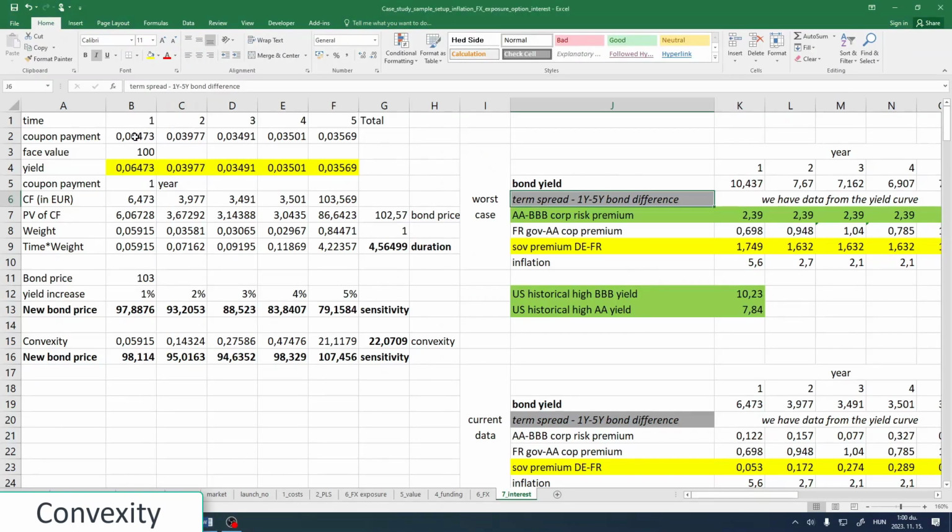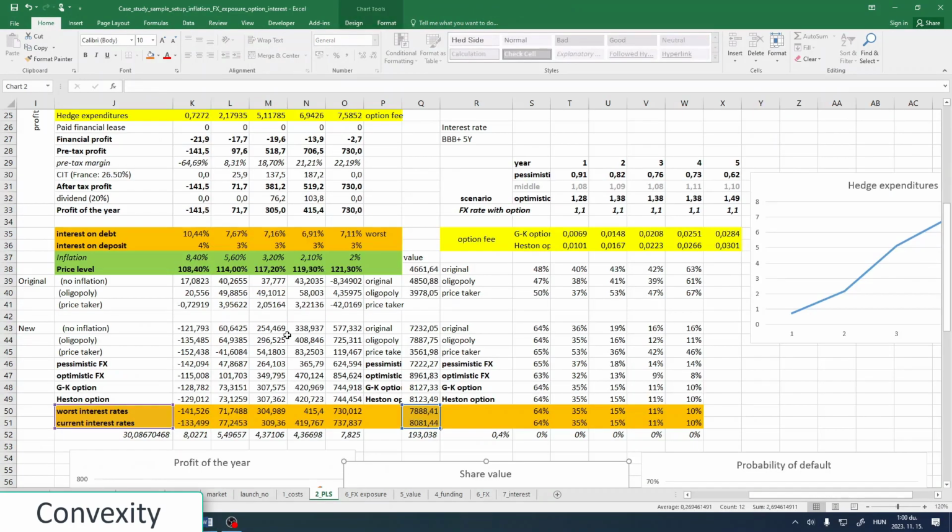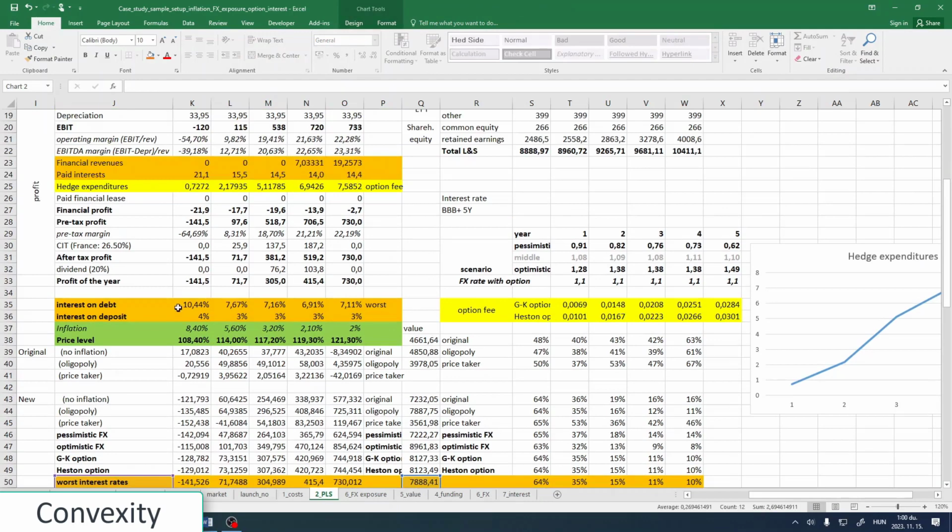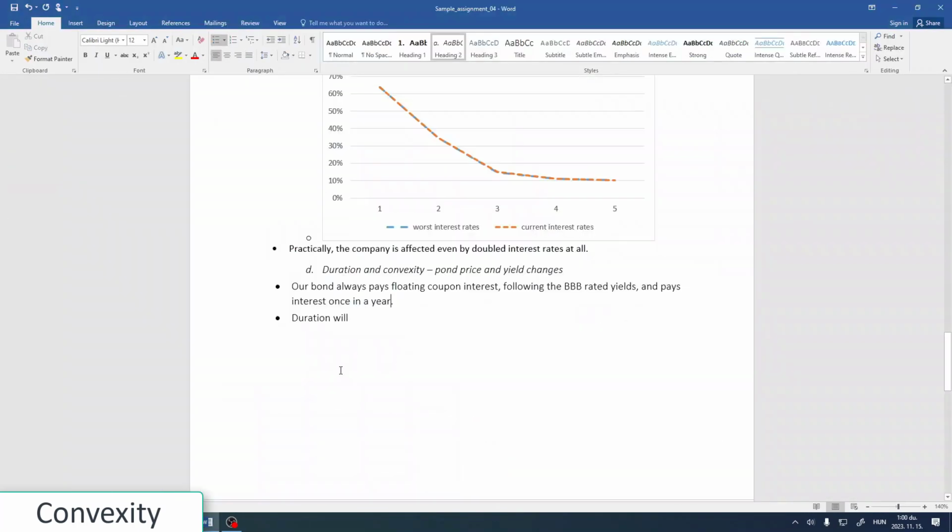This one is good because if you have to do coupon payments this way, following the yield curve, then this will create the simplest interest payment on debt for us. So the interest payments will mimic the yield curve, and this was my objective, because for simulation purposes it's good.